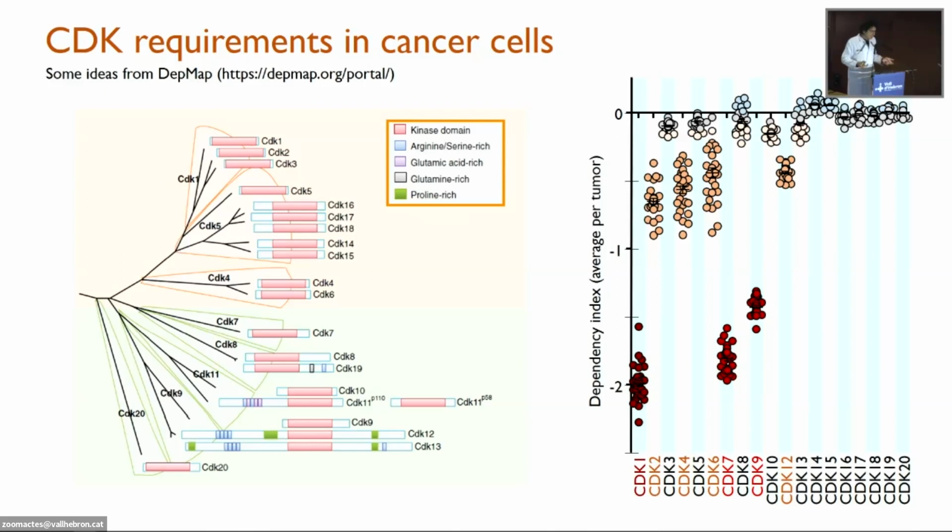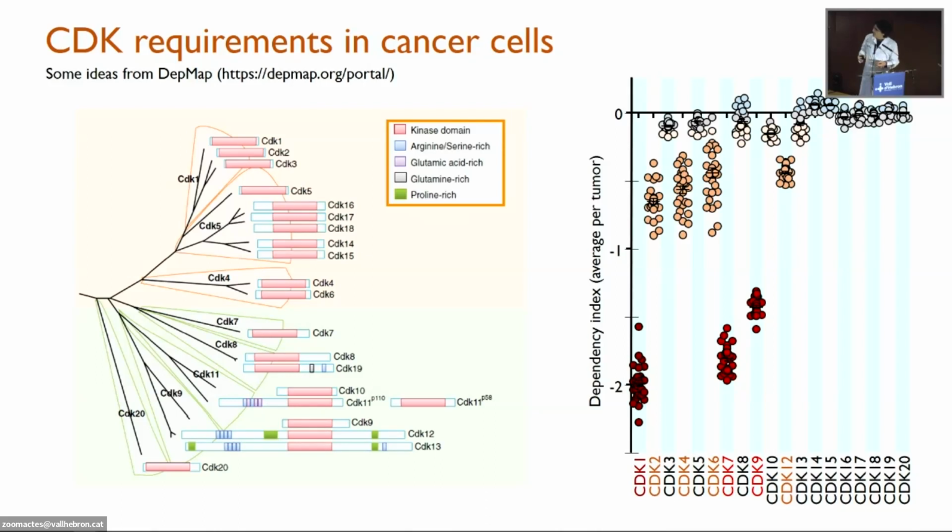This is a repository where you have 1,000 cell lines, and you knock out, so you eliminate, a specific gene in any of the 1,000 cell lines, right? So now you can ask, which genes are important or not. So to the right, you have a cartoon. This is our data we are still generating, but this is a cartoon in which you see the dependency index. That means that if you eliminate this specific gene, cells do not proliferate. So the decrease in proliferation is very high, right?